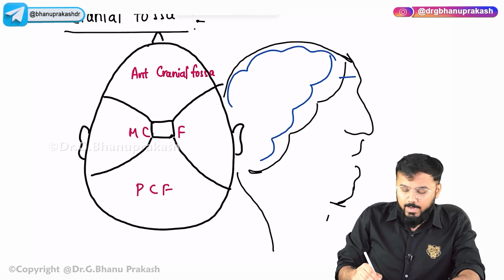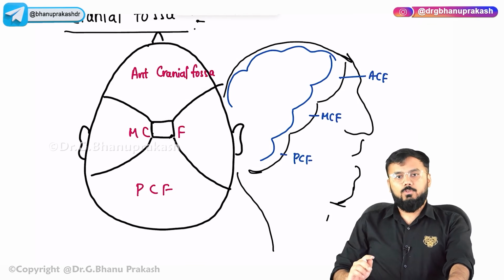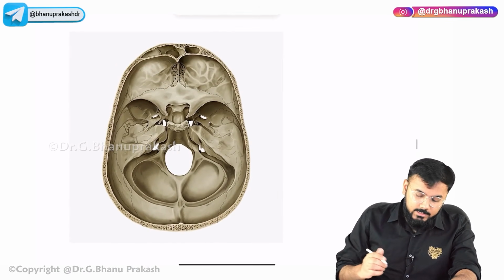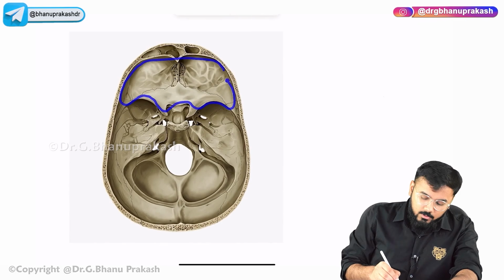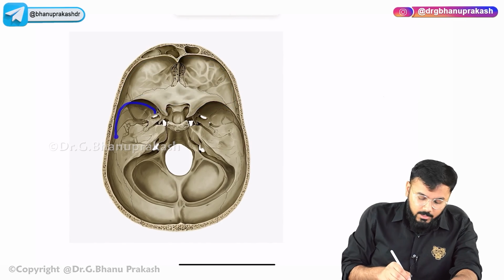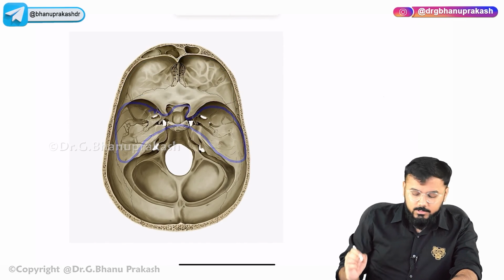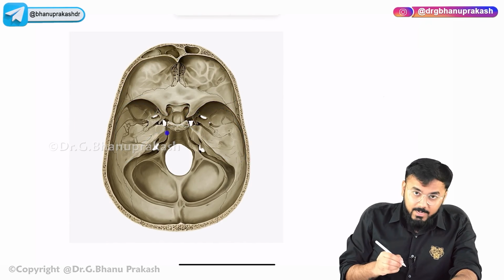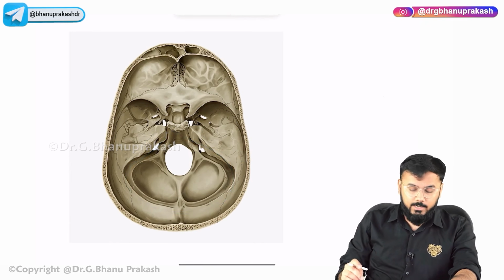We shall discuss each one of these cranial fossae. First, this part over here is called the anterior cranial fossa, this part is the middle cranial fossa, and this last part over here is called the posterior cranial fossa.